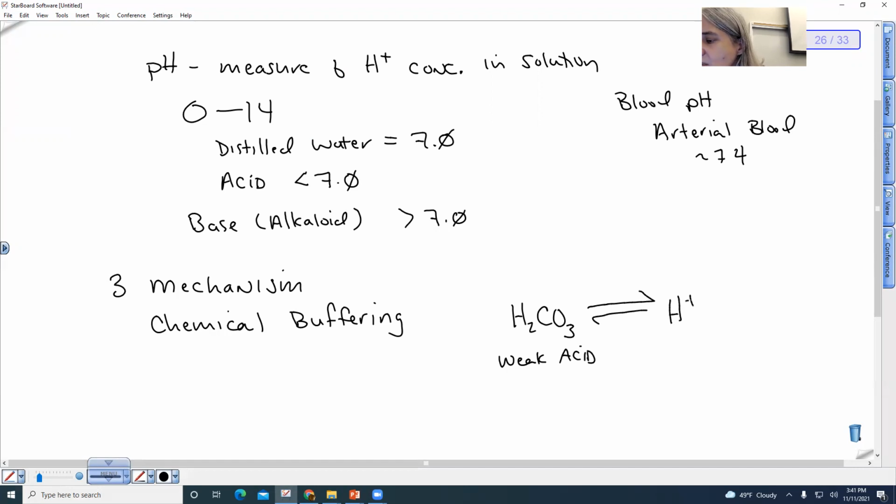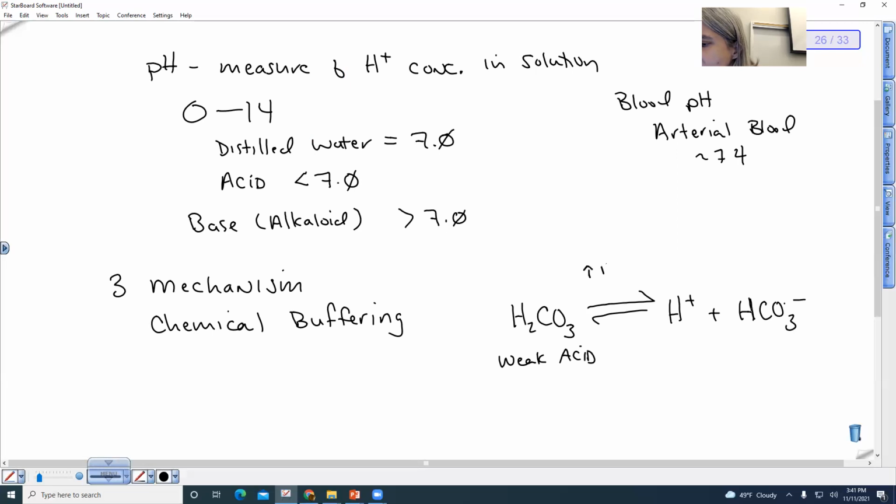So it could release hydrogen ions and HCO3, which is a negative ion. So it can release hydrogen ions or it could pick them up. Notice here it's releasing hydrogen ions. When would it release hydrogen ions? When blood pH increases.